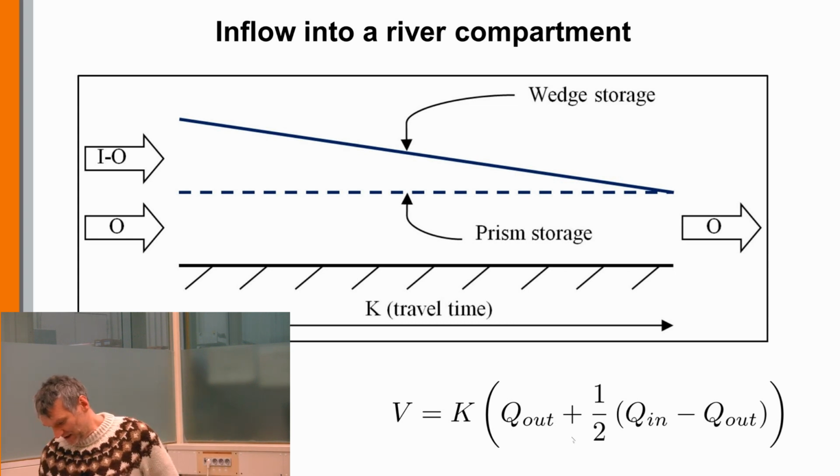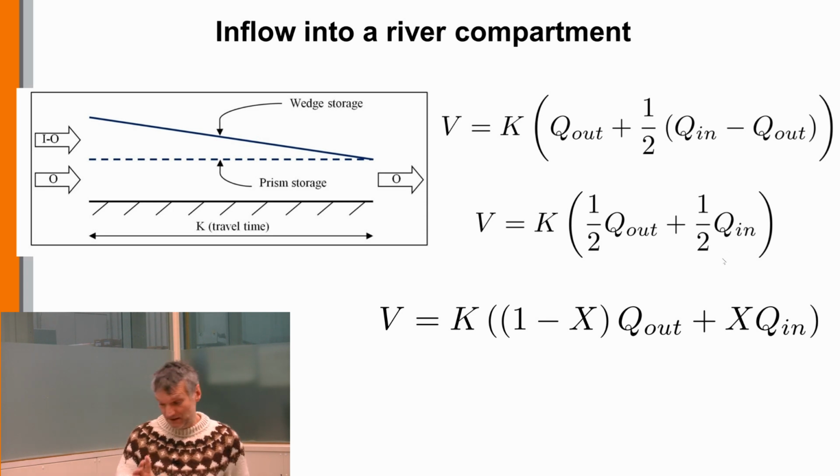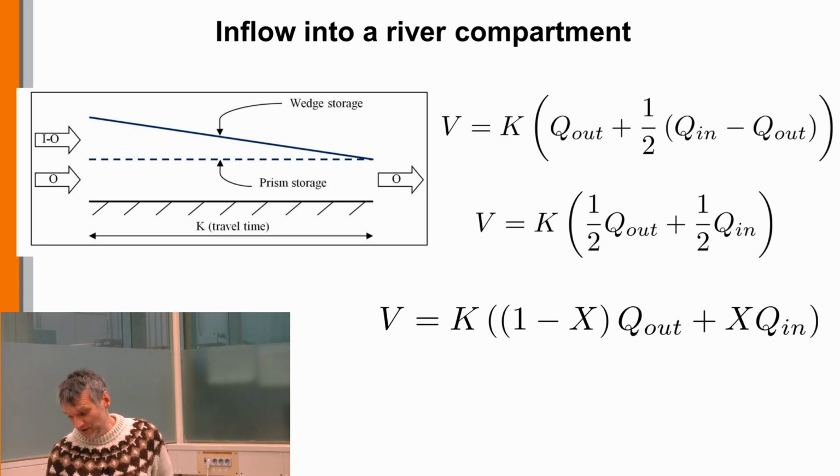Then they said we have to take this 1/2 and this 1/2 and put another, weighting parameter in it. We do not take 1/2 and 1/2, we take 1 minus x and plus x. For x equal to 0.5, this is the original formula.